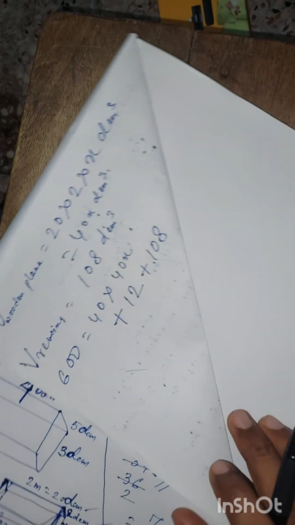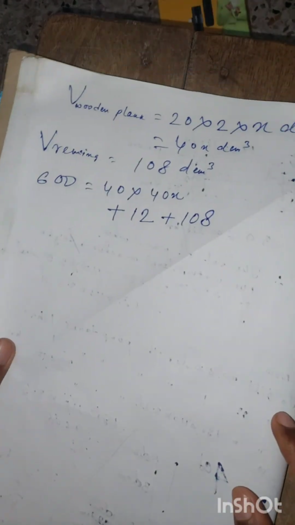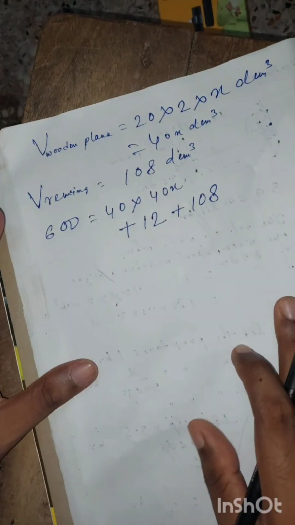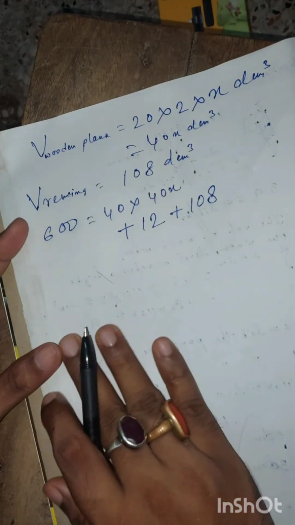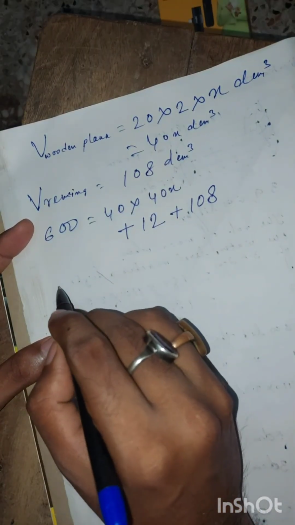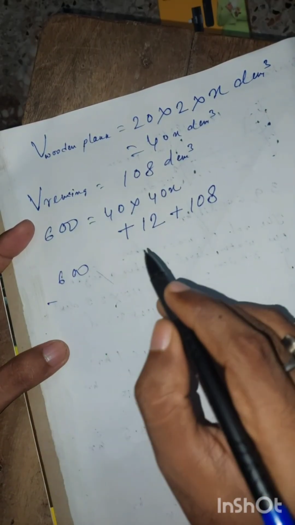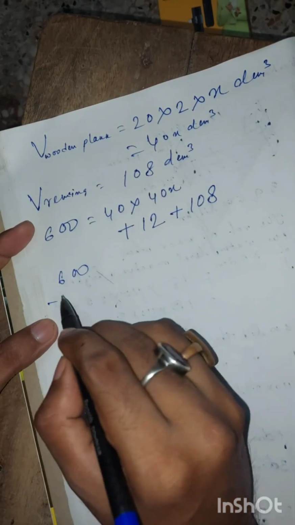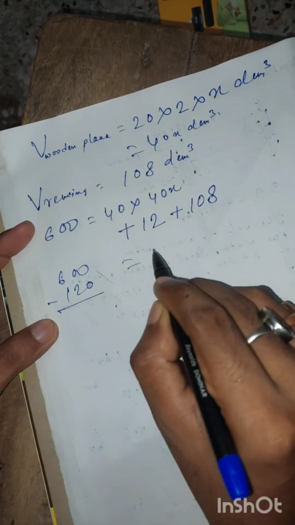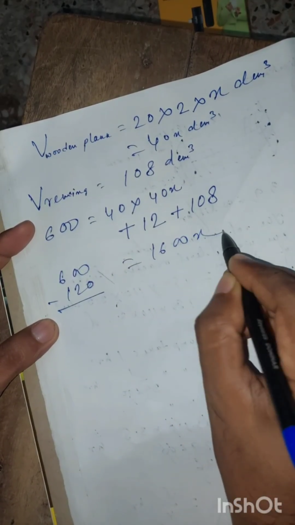Now we need to solve for x. So it is 600 minus 120 equal to 1600x.